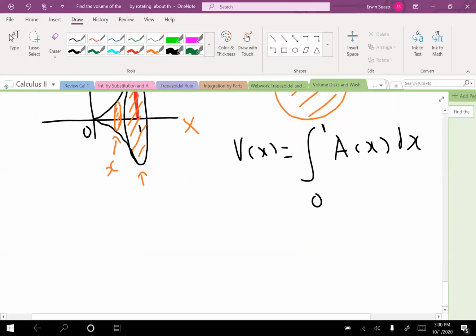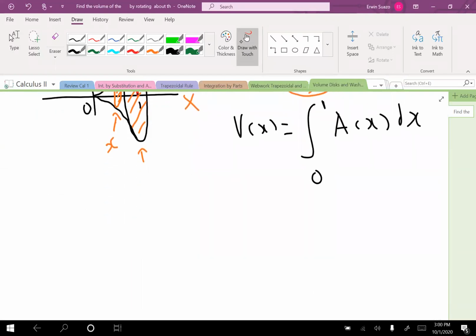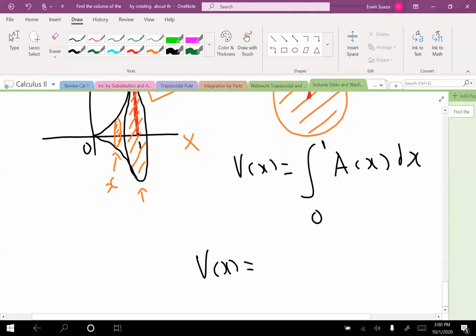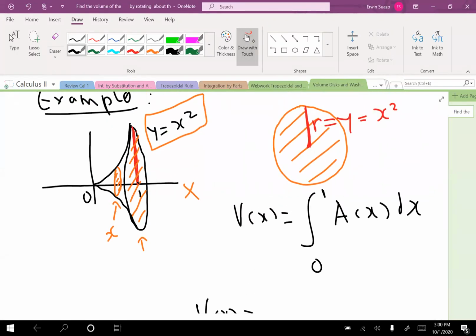But we know that A(x) is this guy over here. So the area of this guy is pi r squared. R is just y, so pi y squared.